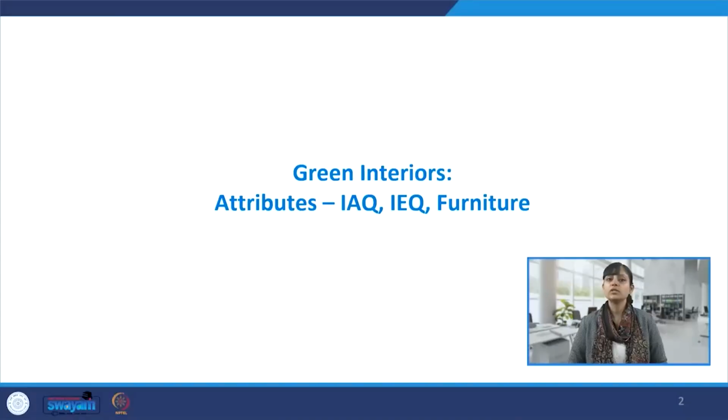So today we are going to talk about green interiors, especially focusing on the attributes which are IAQ, IEQ, and furniture. So we talked about IAQ, IEQ in an overview manner, and what is the importance of attaining a certain indoor air quality and indoor environment quality, which is important for health and well-being for the users when they inhabit an interior space.